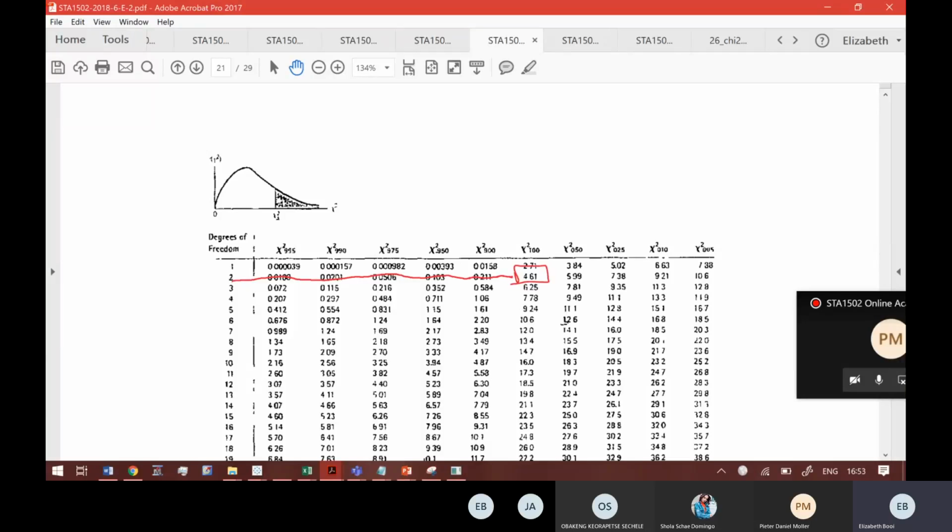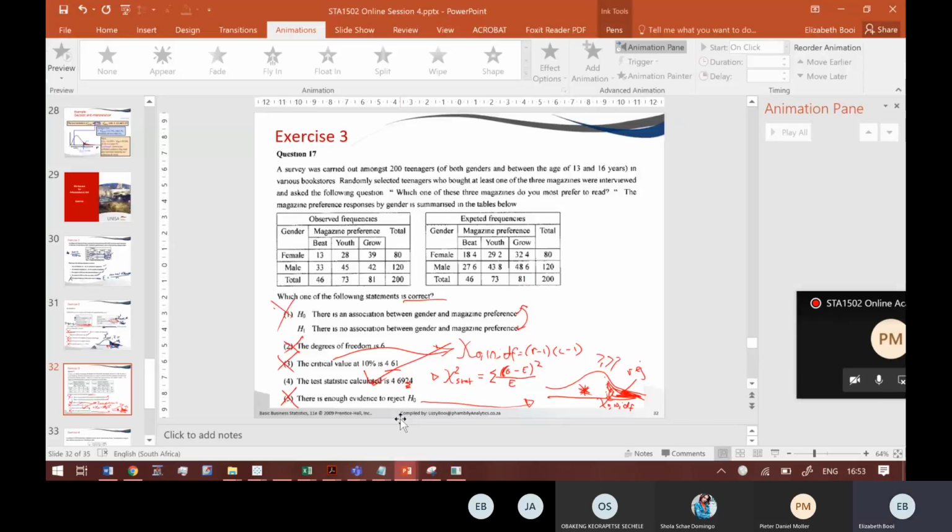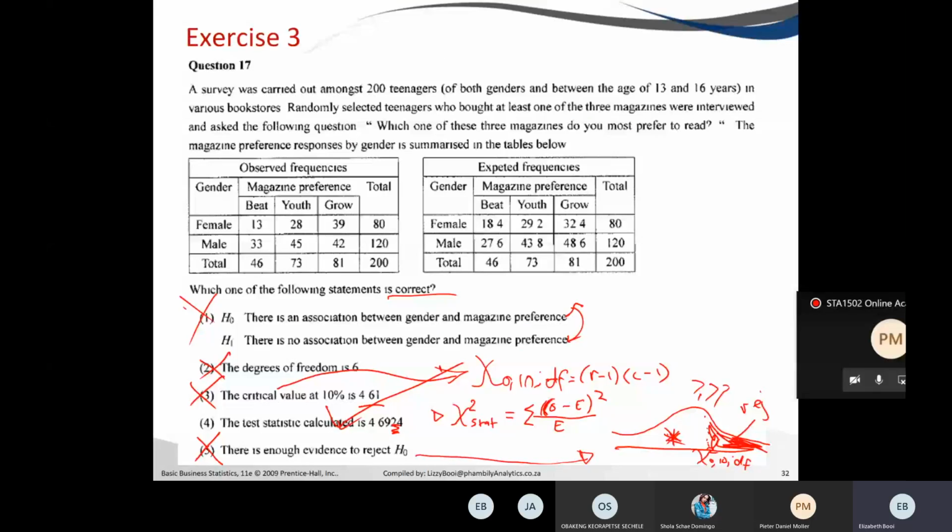So there are two questions that almost look exactly the same. And then I will assume that that is then the right one, the way they put it, because then it means if we're going to say it falls here, it will be 4.61, the area of rejection. Therefore, this is correct.